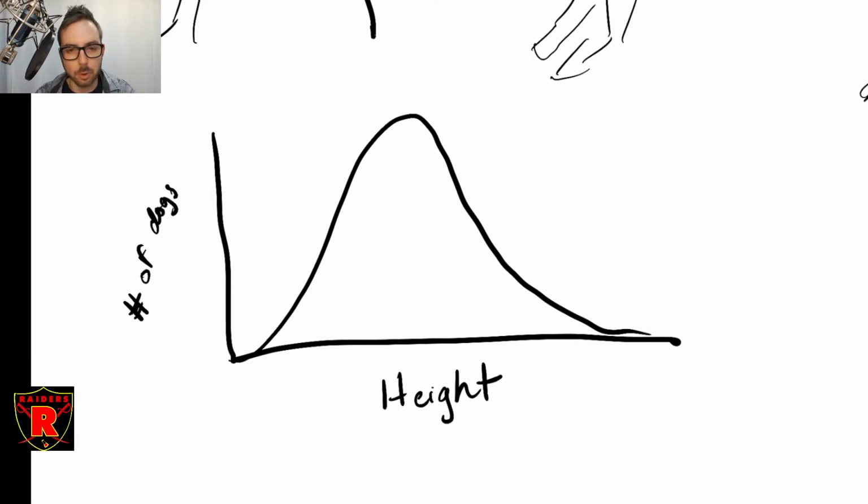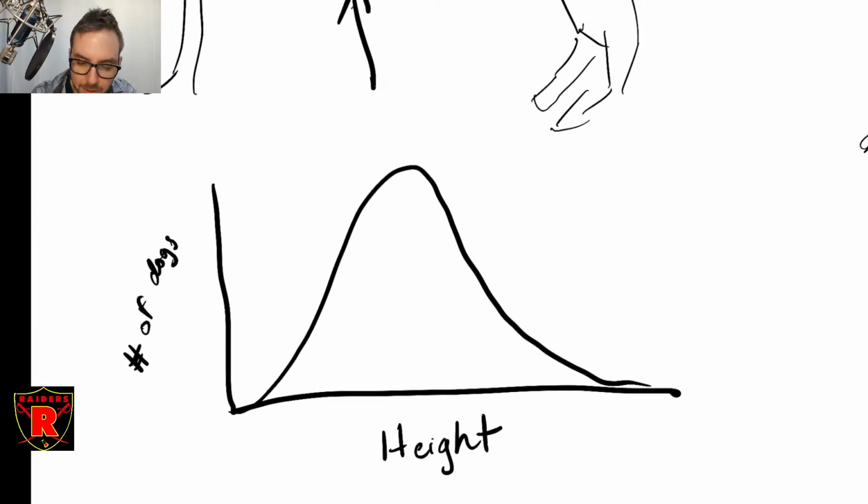This is called a normal distribution, where the average is the most common, and the further you get away from the average, the less common it is. It's like this with humans too. If this was human height, right in the middle here, the average height for males would be like 5'10" or 5'9", probably 5'9". And then the further you get away from 5'9", the less likely it is to find in the population.